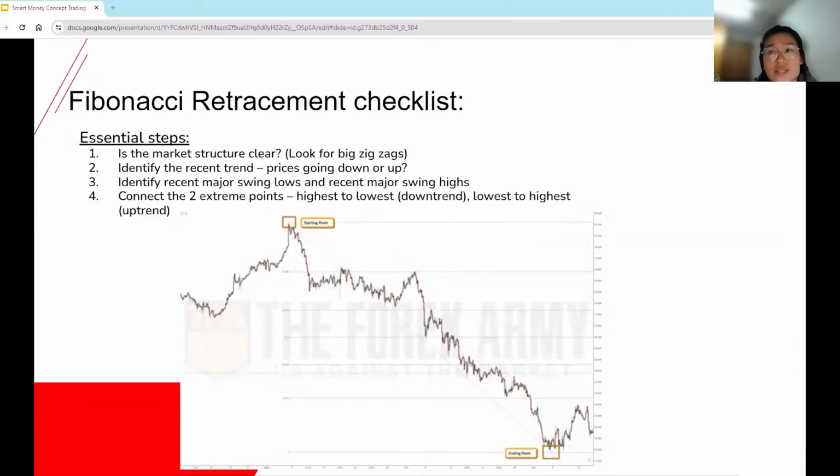A way to identify this clear market structure is by looking for big zigzags. Number 2, you want to identify the recent trend. So is price going up or down? Number three, identify the recent major swing lows and recent major swing highs. And number four, connect the two extreme points. So the highest to lowest would be for a downtrend and lowest to highest would be for an uptrend.